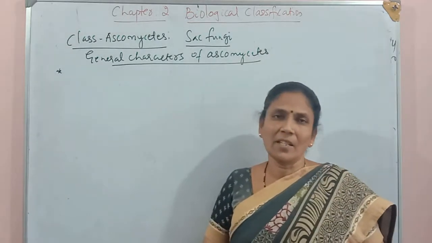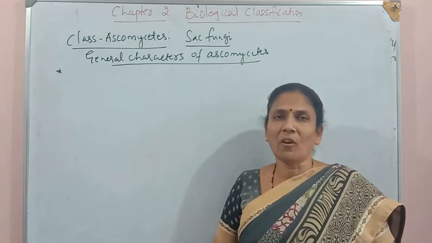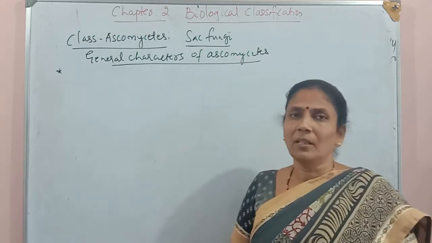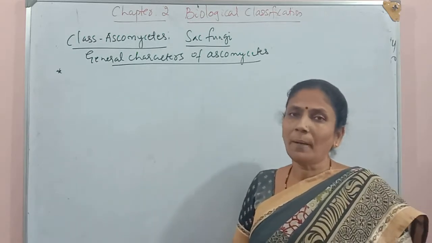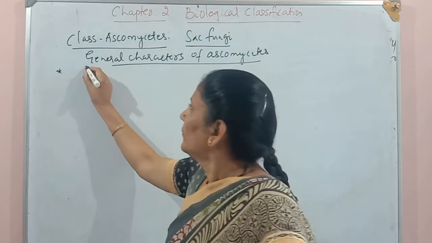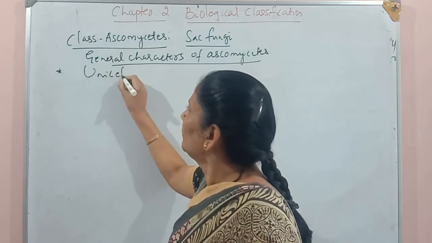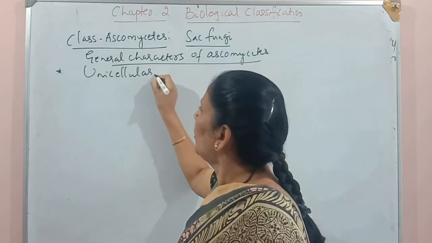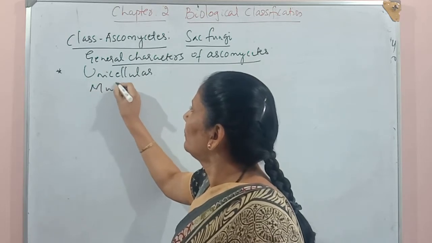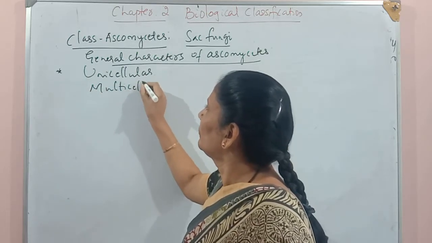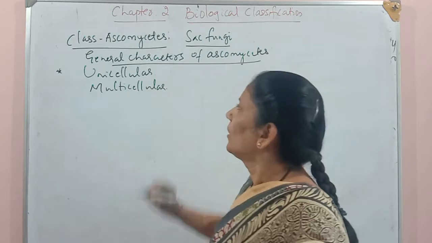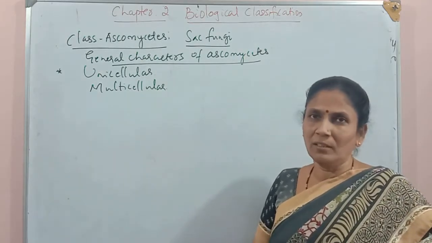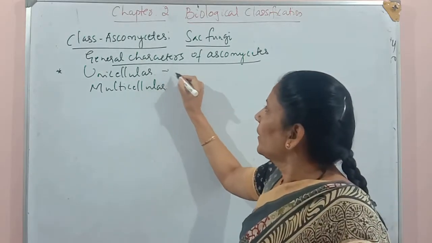The first character is the plant body of Ascomycetes is unicellular or multicellular. Example for unicellular organism, yeast.